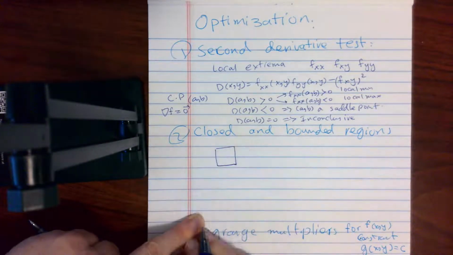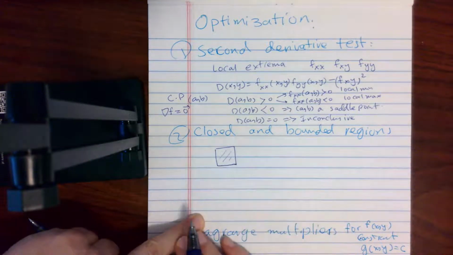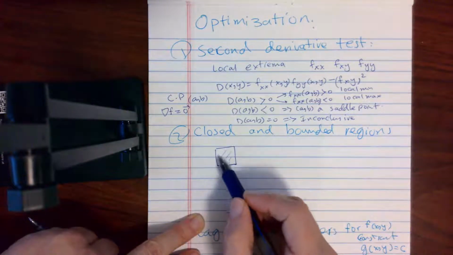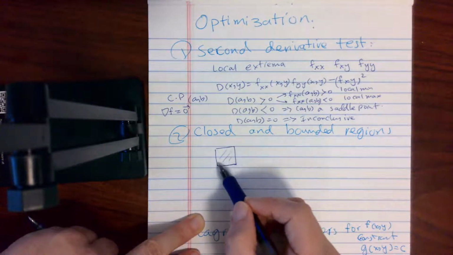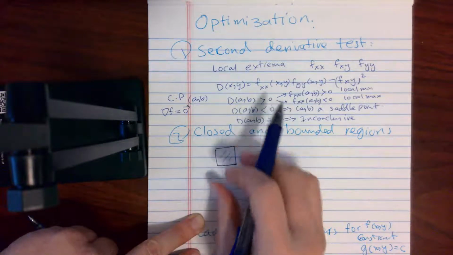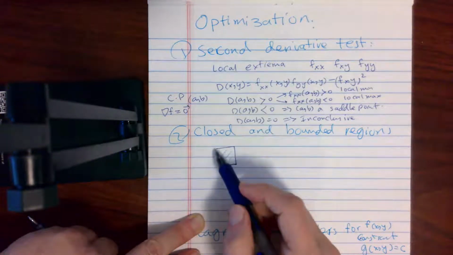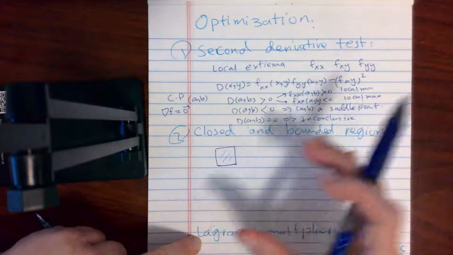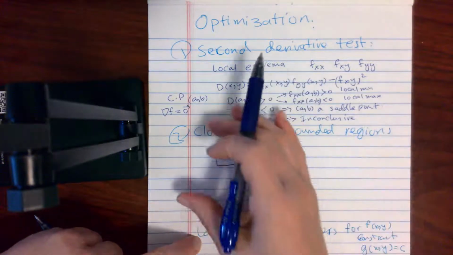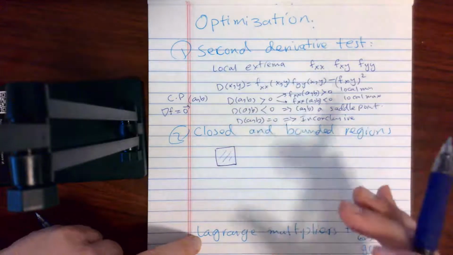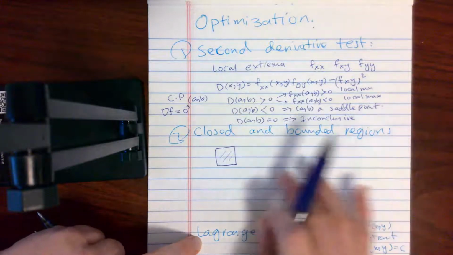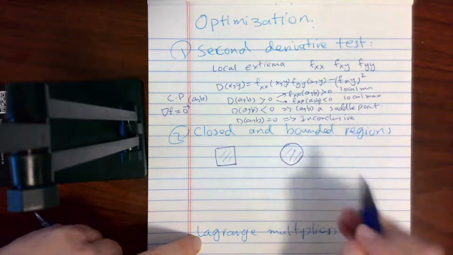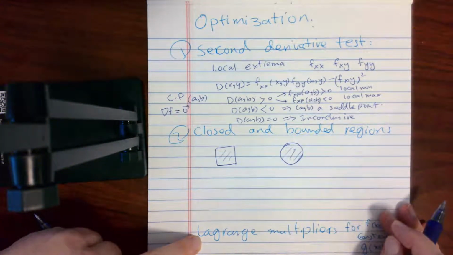For example, this is a closed and bounded region: it has a boundary, all in finite places, and you can basically encircle it in a finite circle. Or it can be something like that, a disk.